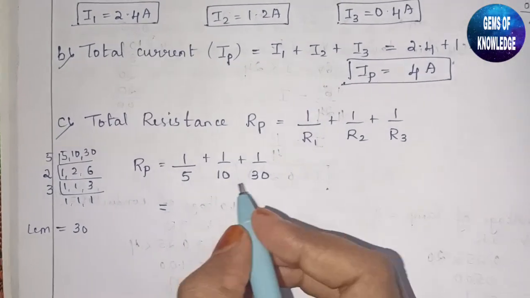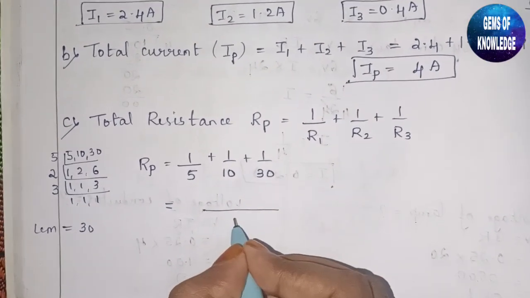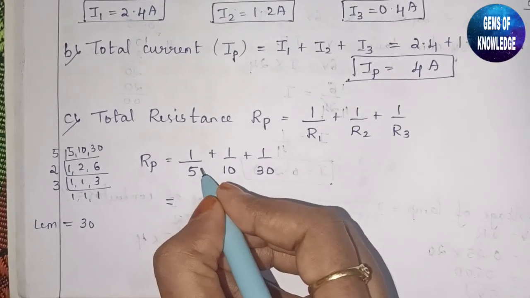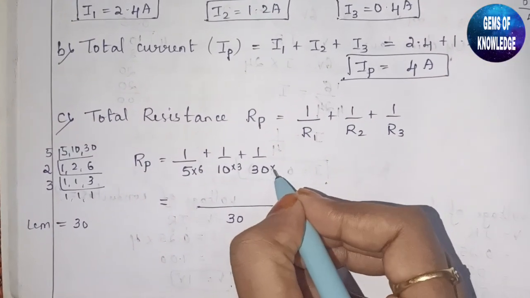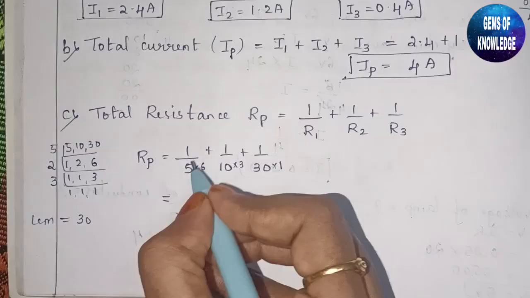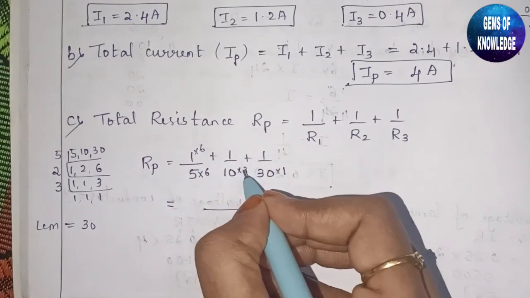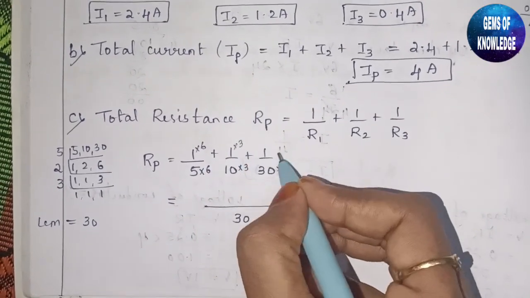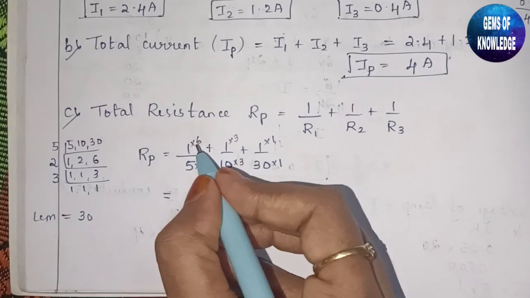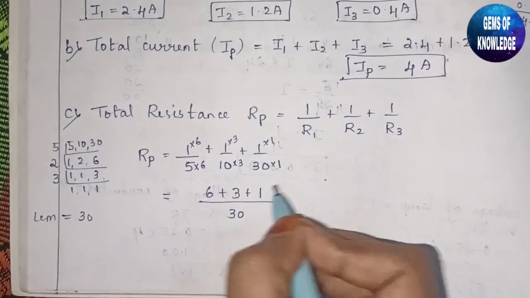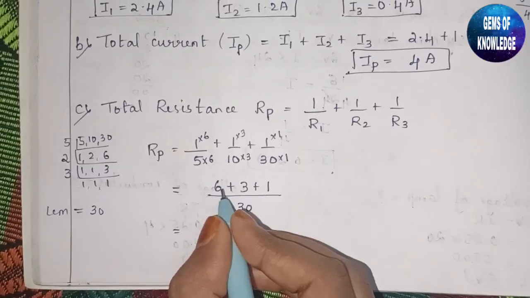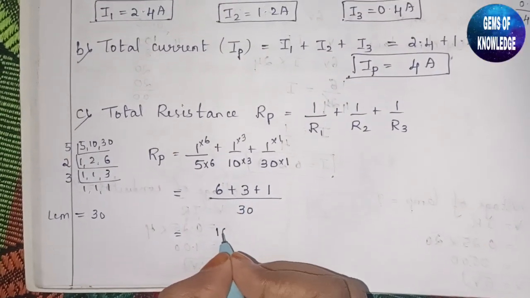So 5 into 6 is 30, 10 threes are 30 and 30 ones are 30. So this will become 6 plus 3 plus 1, which is 10.